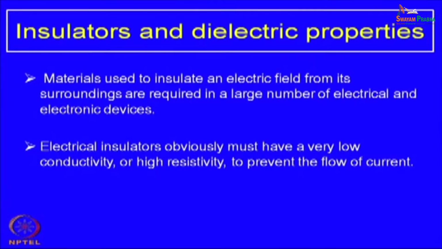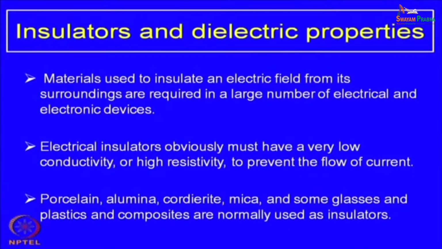The electrical insulator obviously must have a very low conductivity, as I mentioned just now, or very high resistivity to prevent the flow of current. Ideally, an insulator should have zero current or infinite resistance, but in reality there is always a finite amount of current that flows through it. Sometimes it is called leakage current, and that can be measured also with different kinds of instruments.